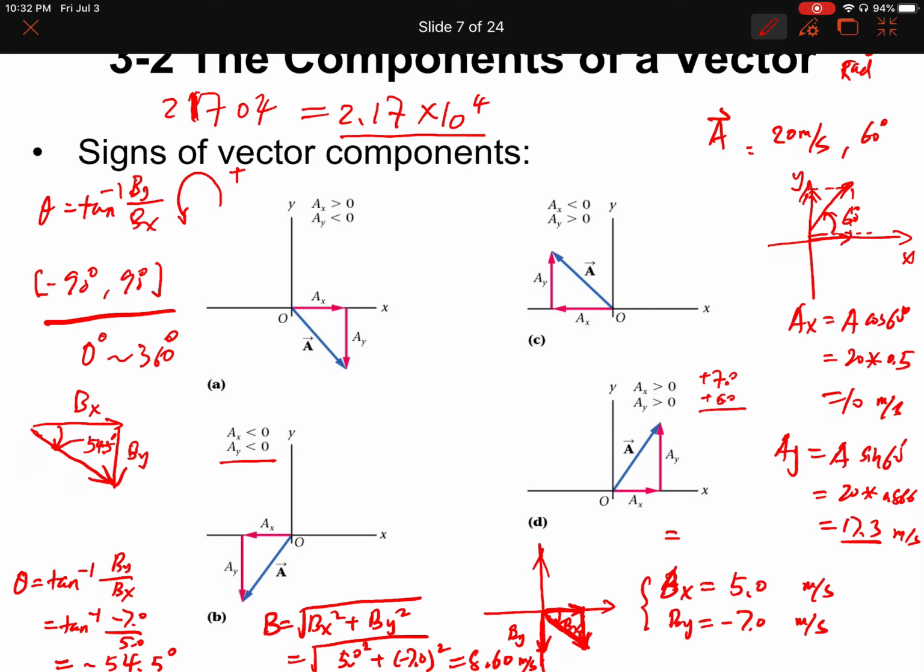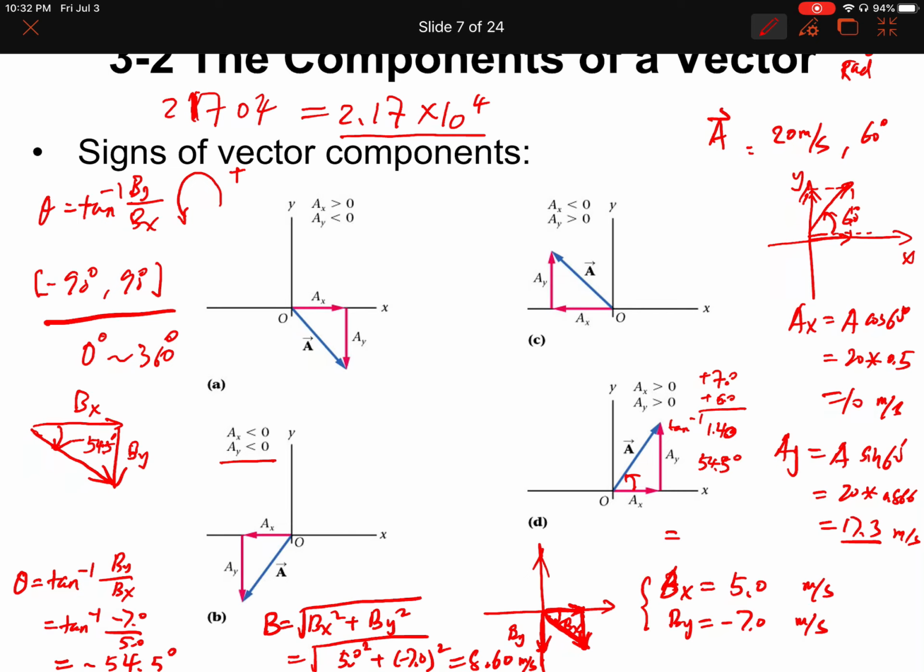So the ratio here is 1.40. You do inverse tangent of 1.40, and they come with a positive value, so 54.5 degrees. Then you see that is the right angle. If you check both of them positive, that's the right angle.